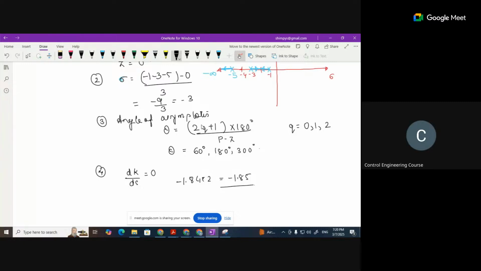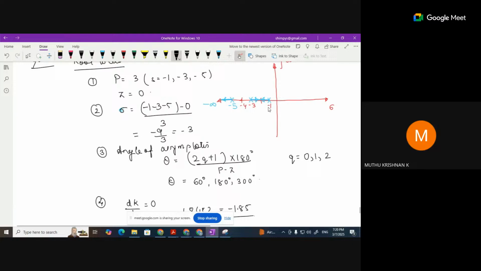Now see, where is the centroid here? Minus 3. And where is the breakaway point? Minus 1.8. Are they coinciding? No. So if I plot it, this is 60 degree, 180 degree, and 300 degree.